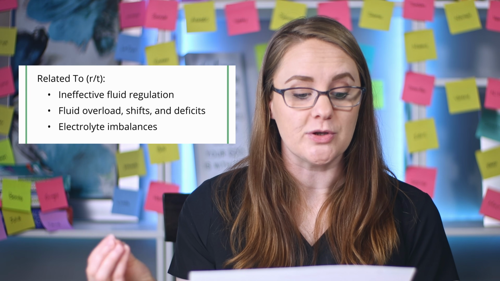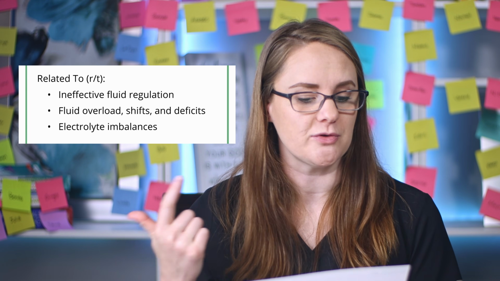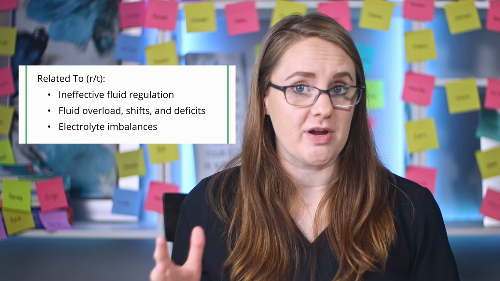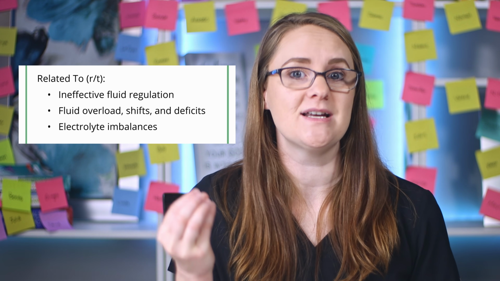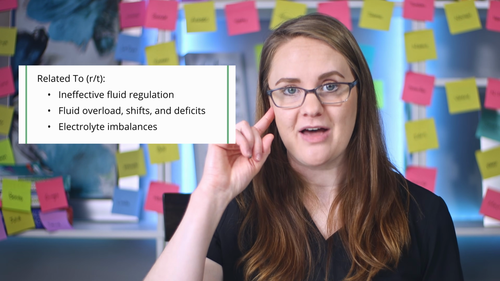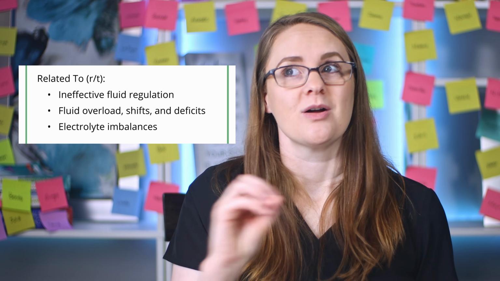Three possible options for the related to section could be ineffective fluid regulation, such as fluid overload, fluid shifts or fluid deficits, and electrolyte imbalances. All three of those things are directly impacted by the function of the kidneys. And when the kidneys are unhappy, so think back to the patho, these things can go wrong pretty fast.